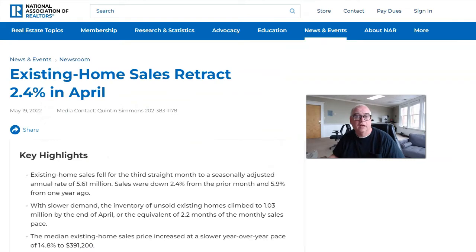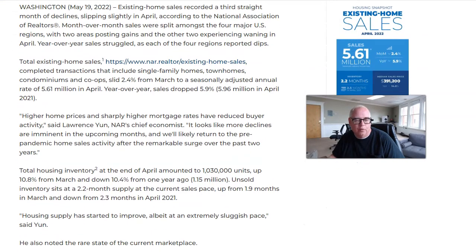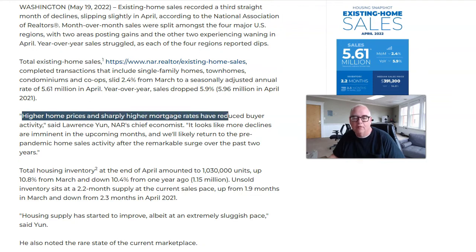Okay, let's look at the NAR press release on this. By the way, I'm pleased to be a non-NAR member, not a member of the Realtors. All right, let's go back down here to the money quote from Lawrence Yun, the chief NAR economist. Higher home prices and sharply higher mortgage rates have reduced buyer activity.